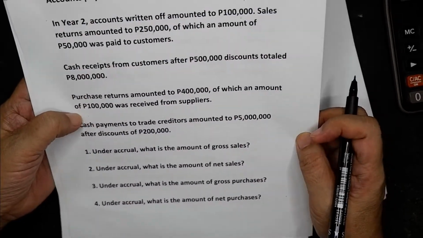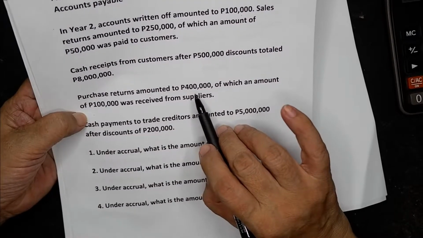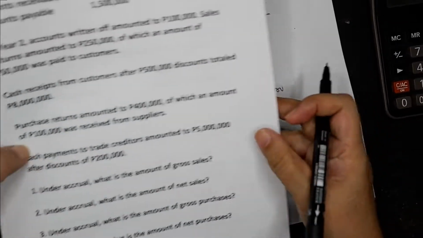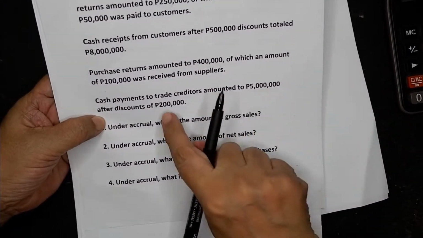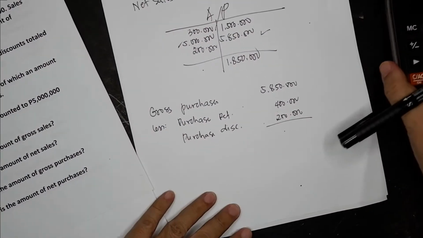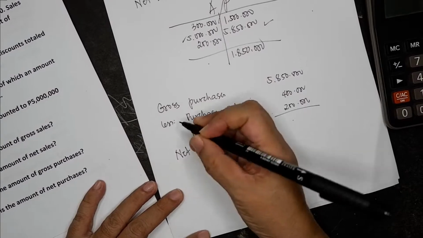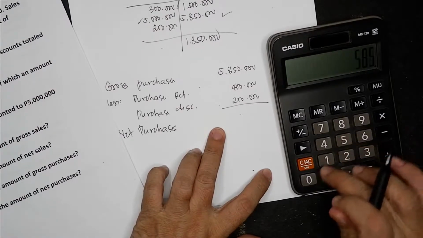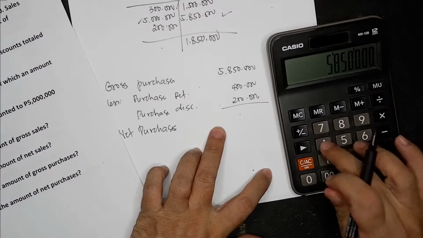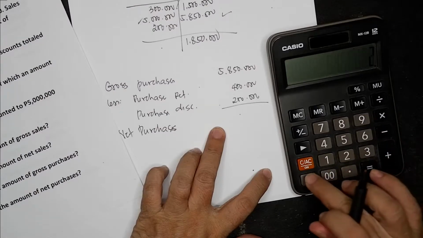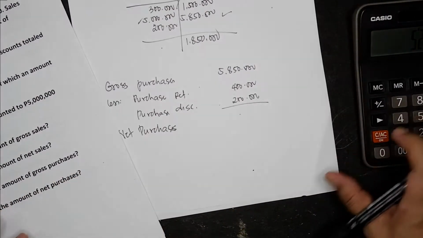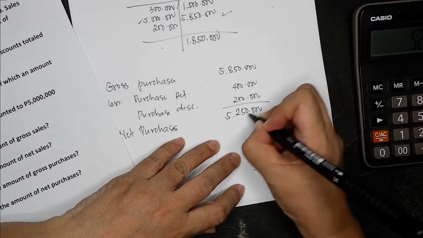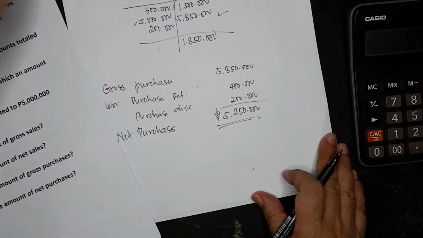Purchase returns is 400,000, and purchase discount is 200,000. Okay, so we have our net purchases. We have 5,850 minus 400 minus 200. That is 5,250,000. That is our net purchases.